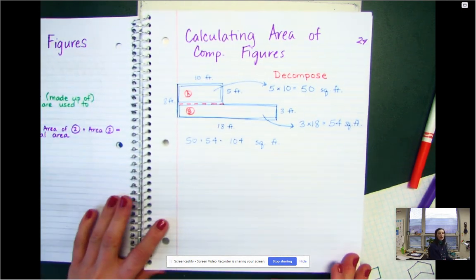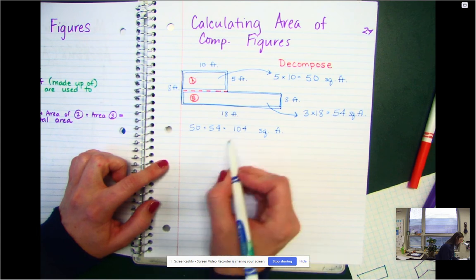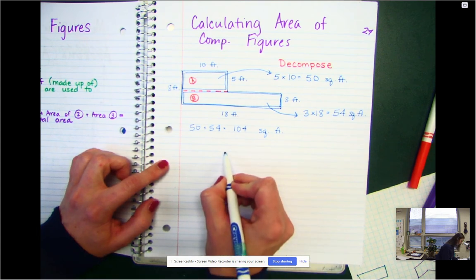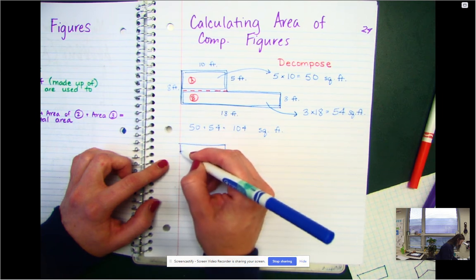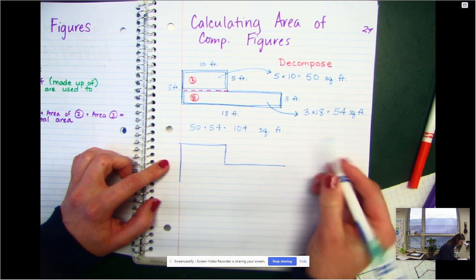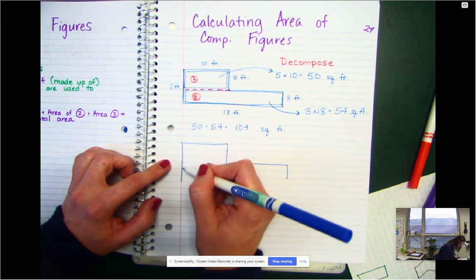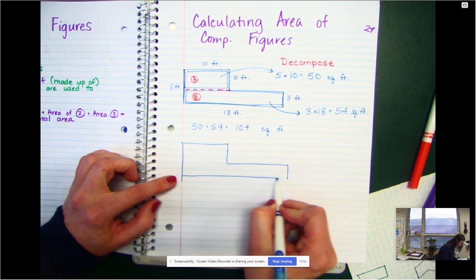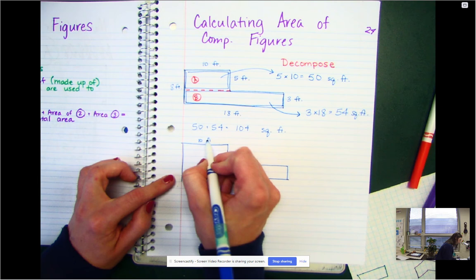All right? Now, just to show you that that's not the only way to do it, try to draw that same figure similarly. It doesn't have to be perfect. All right, and same measurements.